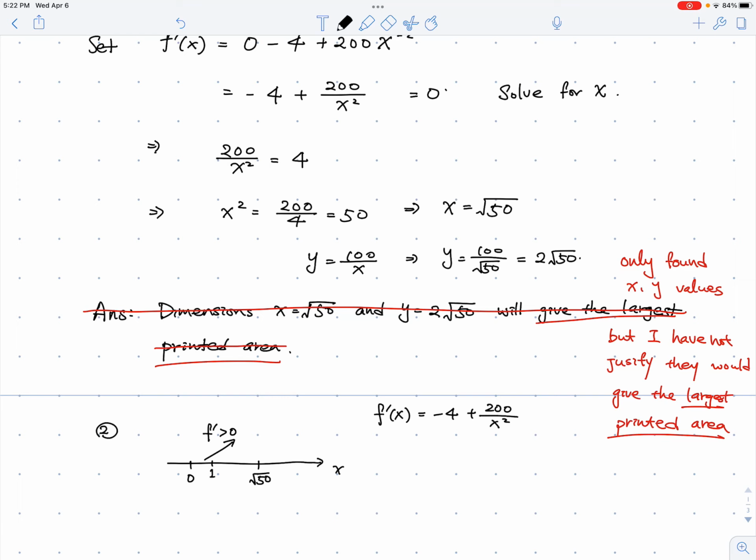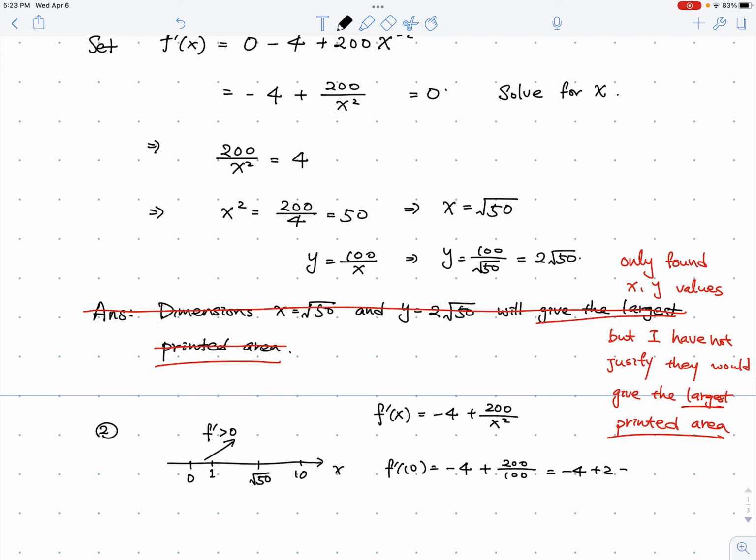So the function's increasing. Now if I plug in, let's say 10, yeah, 10 is larger than the square root of 50. Okay, so if I plug 10 into f prime, then I have minus 4 plus 200 over 100.